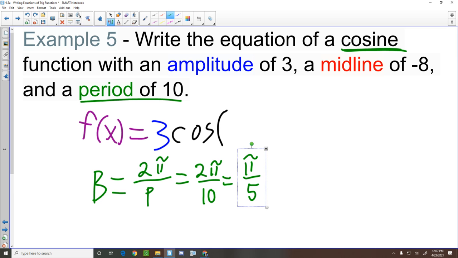That's b. That's what's going to go into my parentheses in my function. Pi over 5 x. So that's the coefficient of x. And then the last thing we have after those parentheses are closed, coming at the end of our function, is the midline, which is -8.